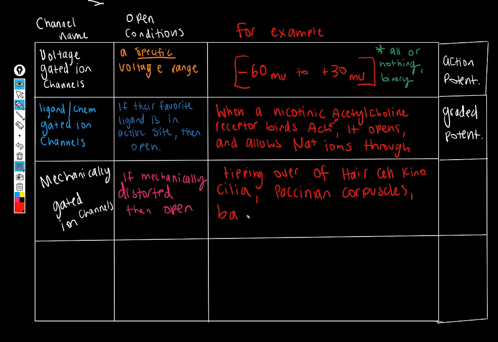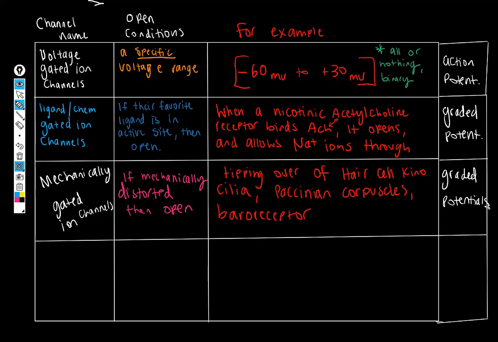Baroreceptors are also based on mechanically gated ion channels. So if the wall of something that's lined with smooth muscle is stretched, that can pull apart the ion channel, allowing ions in. So that's an example. But these are also going to only generate graded potentials.